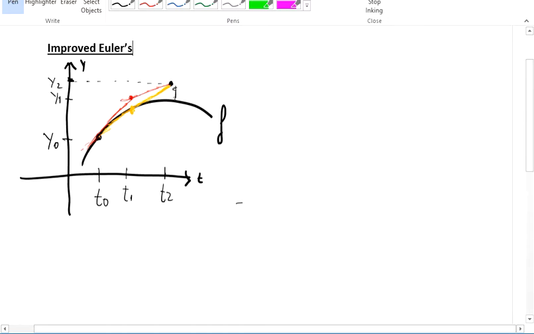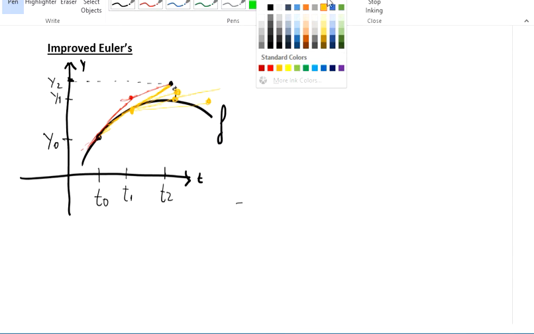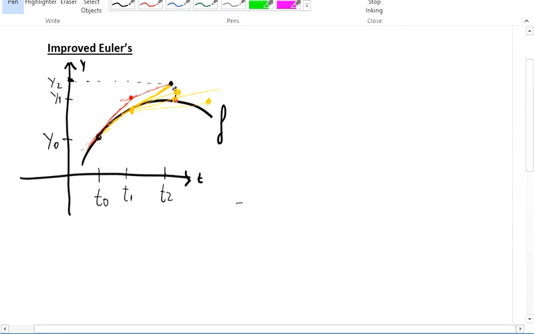And we keep doing that. So then this becomes my new y0, and I go up with a tangent line and I find another y1, and then I go with a tangent line and find another y1, but then I average these two slopes here, and the average of these two slopes would be something like that, and then I get my new y.